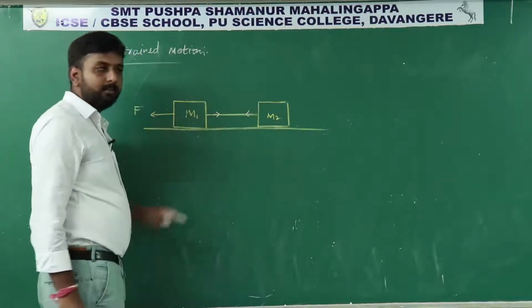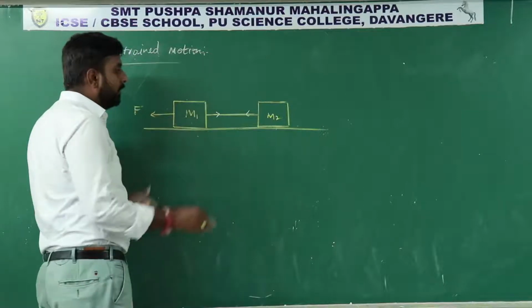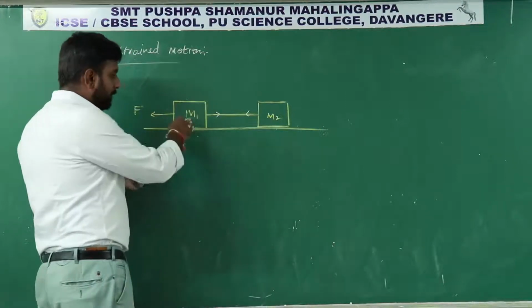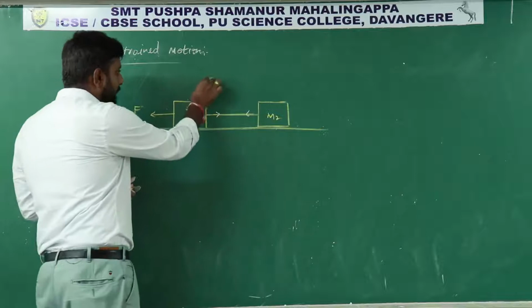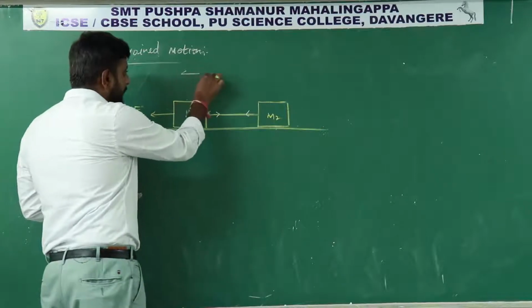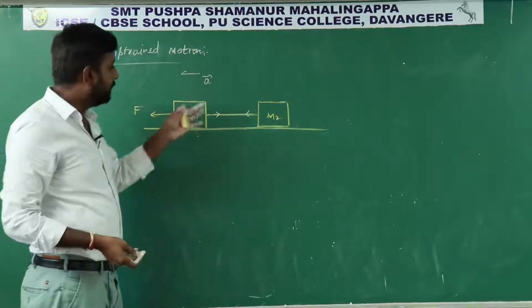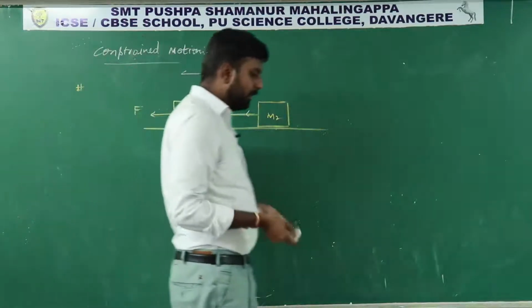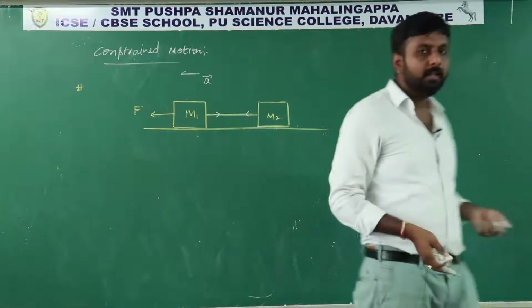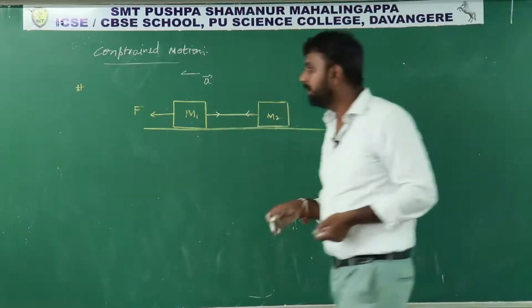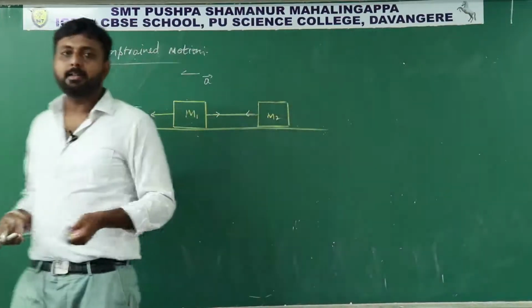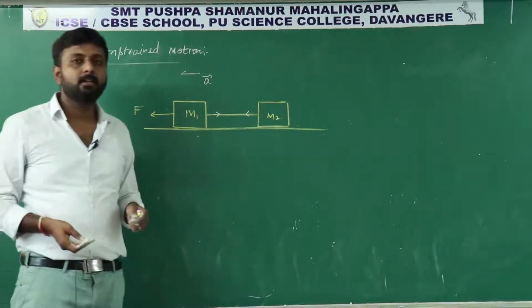This is the direction of the tension. Now definitely if these blocks move with some acceleration a in this direction, this body also moves with the same acceleration. So we will find what is the acceleration in the system, right, and also what is the tension developed in the string.